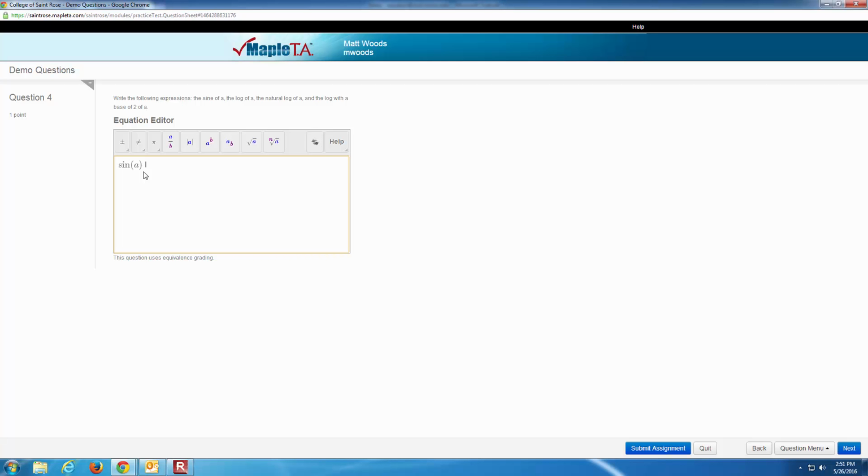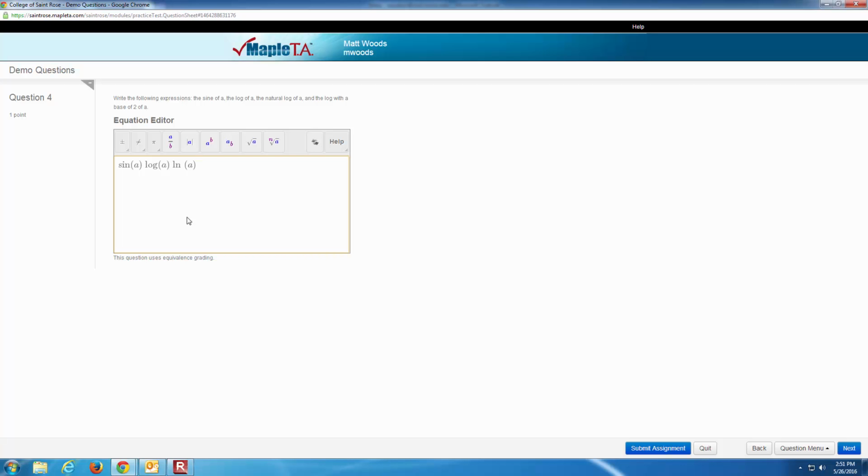Likewise, if I want to do the log, log is log, and in parentheses, I put in what I want to take the log of. Now, as you'll notice, when I first start typing, it's italicized. But once I have an actual mathematical expression like the natural log here, the italics go away. Now, it doesn't matter if you put the parentheses in straight away or if you do a space before the parentheses. As long as your thing is in parentheses, the computer will be able to tell what you're taking the natural log of.